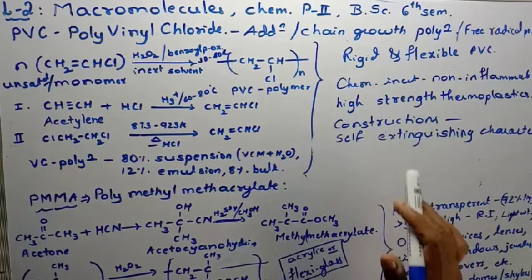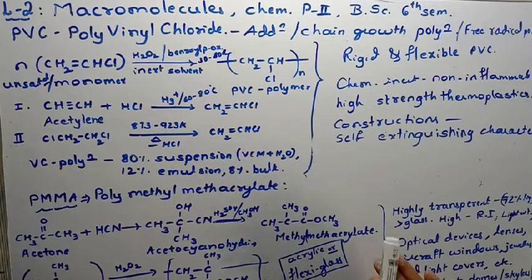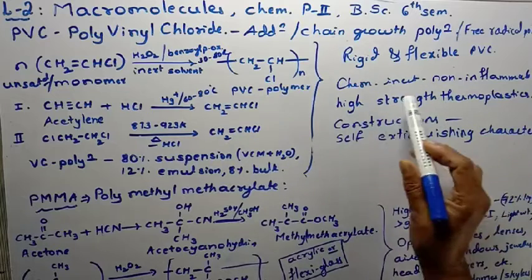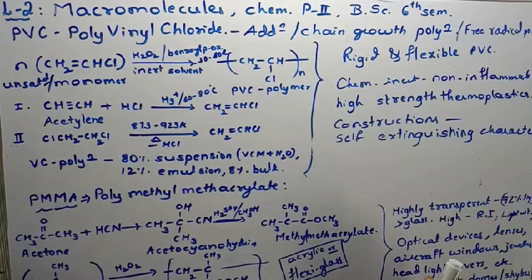And the soft, flexible PVC is usually used in plumbing, electrical cables, and sewage pipes, TV parts, tires, sports bags, hand gloves, etc. And they are chemically inert, so hence they are used in making chemical storage tanks.